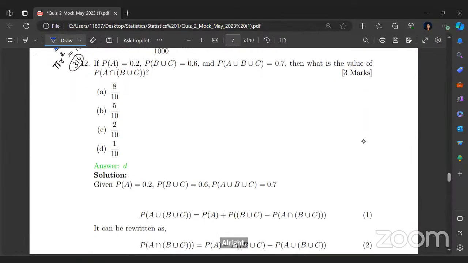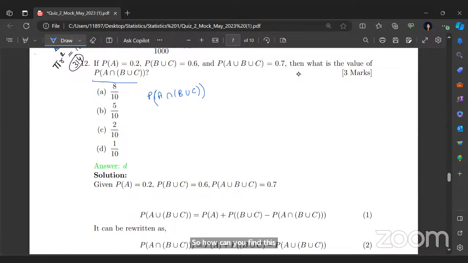Now look at question number 12. You have to find the probability of A intersection B union C, right? So how can you find this?